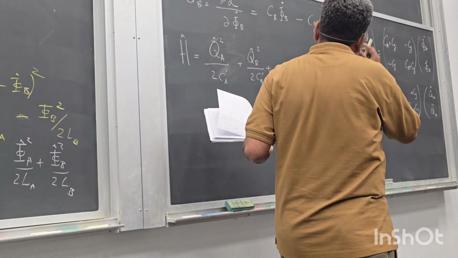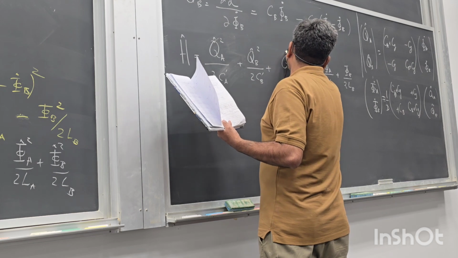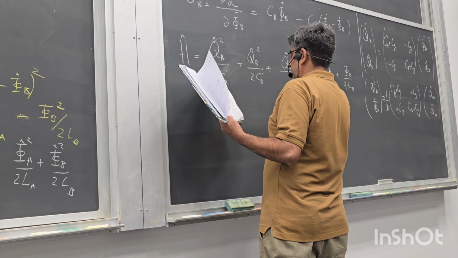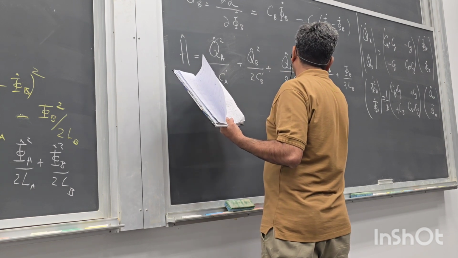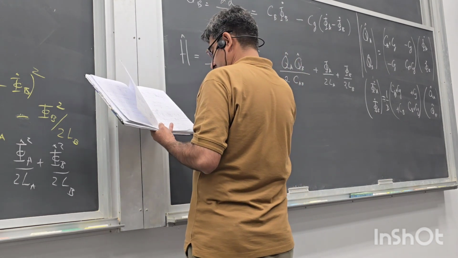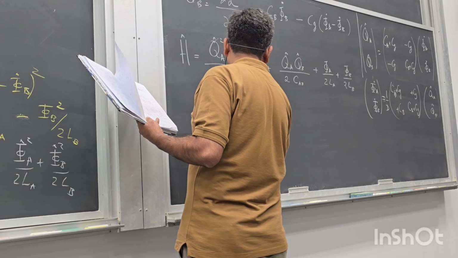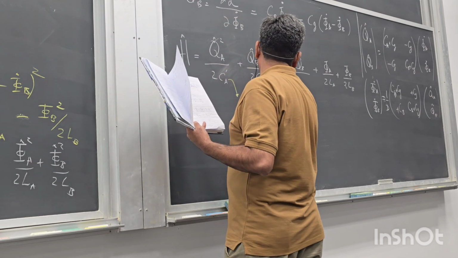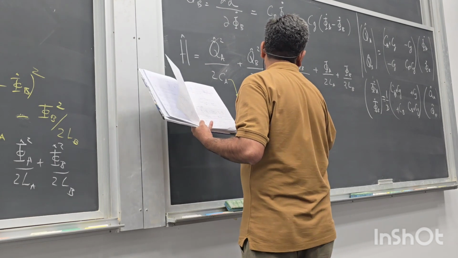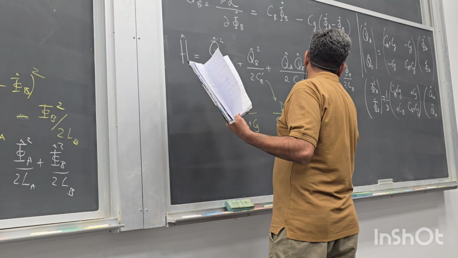Nothing happens to these terms, but the one thing that you observe is that there's also a coupling term, and that coupling term gives me a product of these charge operators, 2 times CAB, where CA prime is given by D over CB plus CG, CB prime is given by D over CA plus CG, and CAB is given by D over CG.